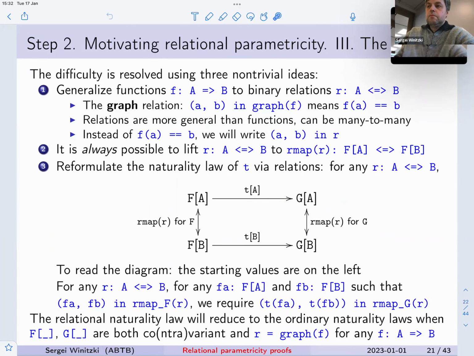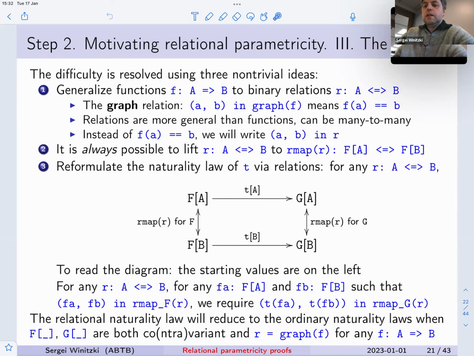All of this we will prove. I'm just motivating that actually the relational technique is going to solve the difficulties with proving parametricity results and naturality laws.